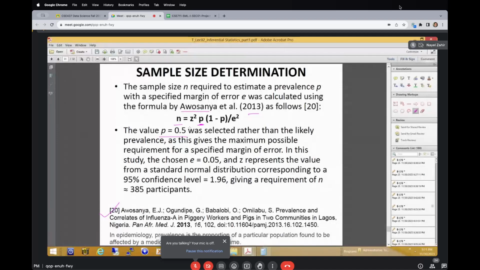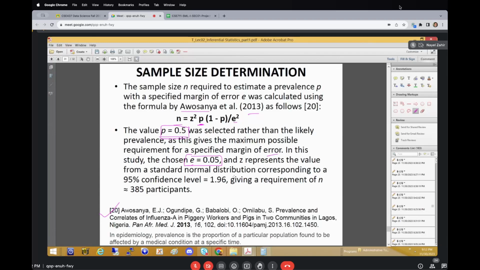Usually we set some p value, like 0.5, which reflects how much confidence we want to accept, selected rather than the likely prevalence given the maximum possible requirement. Then we specify the margin of error, e, which is 0.05, a kind of alpha value.